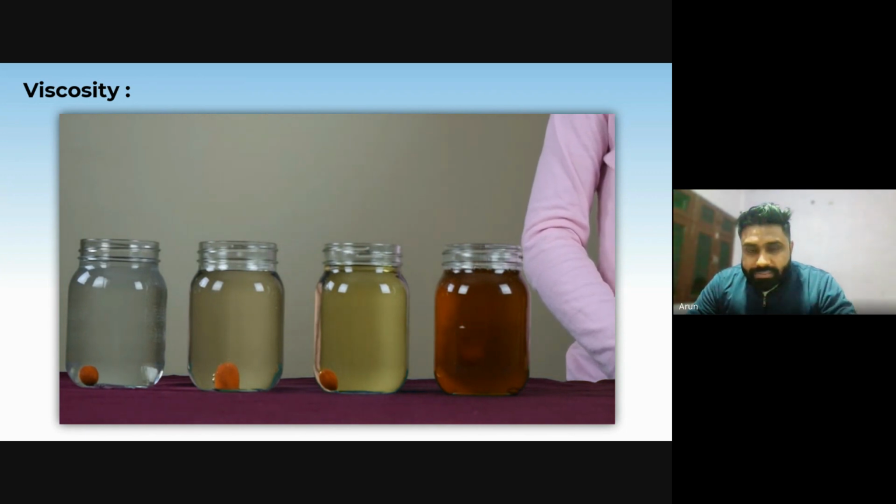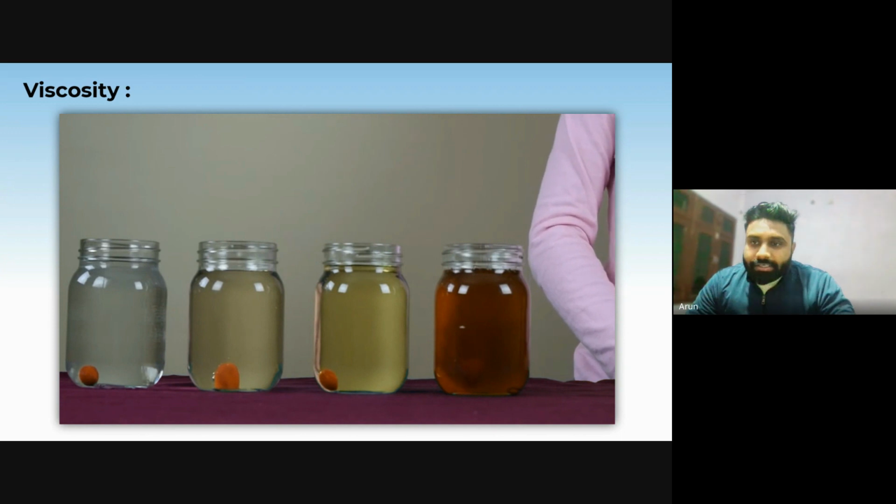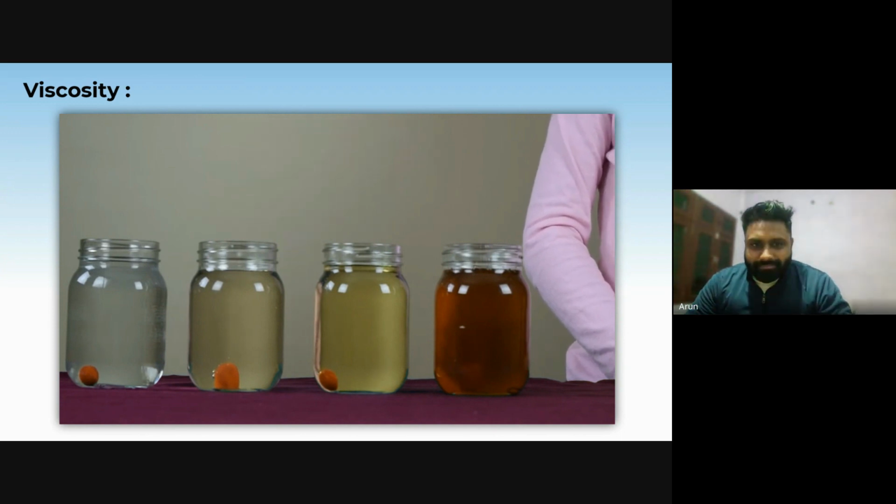Now in this pot, it is going very slowly, and in this pot also. Why is it happening? There is some kind of mysterious force which is restricting the motion of this ball.